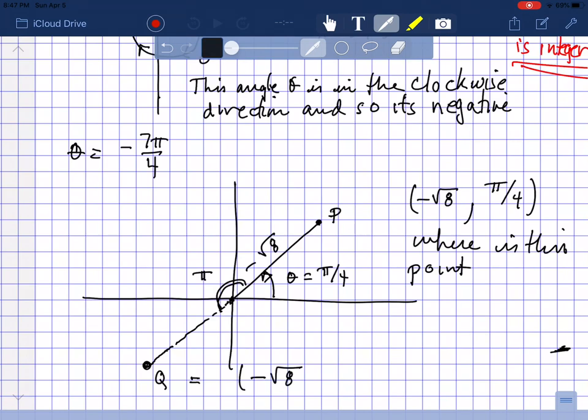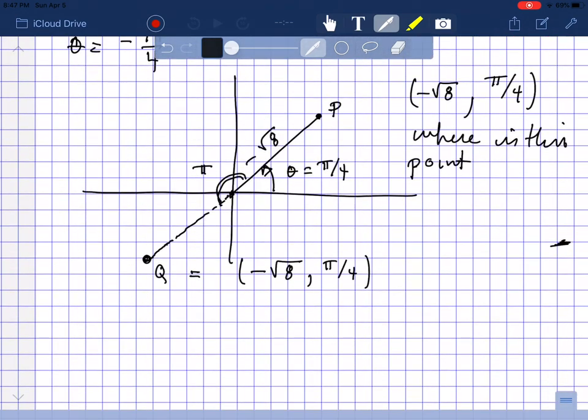All right. So the point Q has the polar coordinates minus the square root of 8, comma, pi over 4. This point Q also has the polar coordinates, the square root of 8, because that's the distance between Q and the origin.